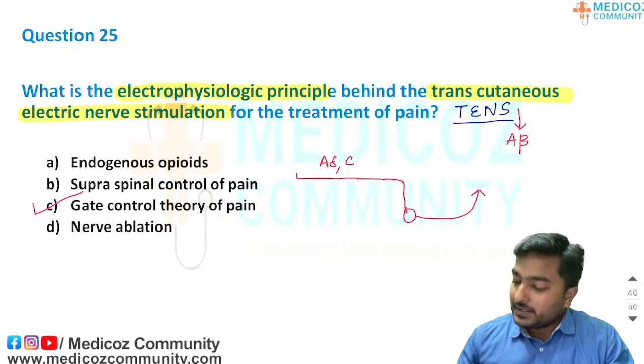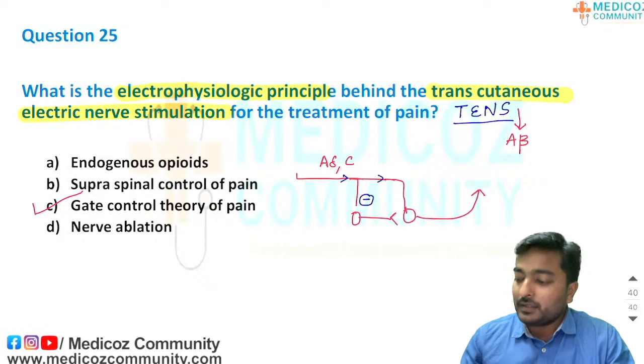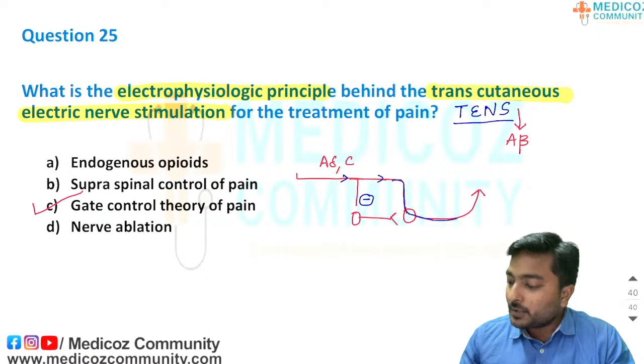But it also sends connections to the inhibitory interneuron present there. While pain sensation is going on, it inhibits the inhibitory interneuron, so that the pain travels over the projection neuron, since the gate is open. Now the gate is open.